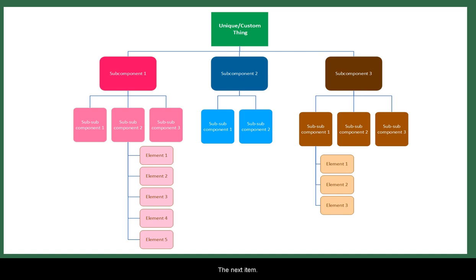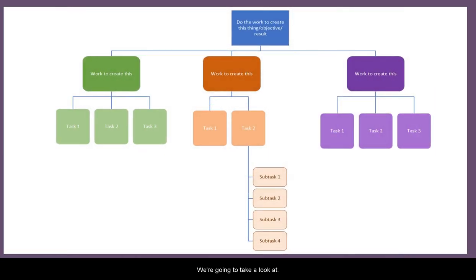The next item that we're going to take a look at, let's return to our first example. My advice was that the WBS be balanced. It's possible when seeing a WBS that looks like this that the subtasks 1, 2, 3, 4 might catch your attention, as they should.